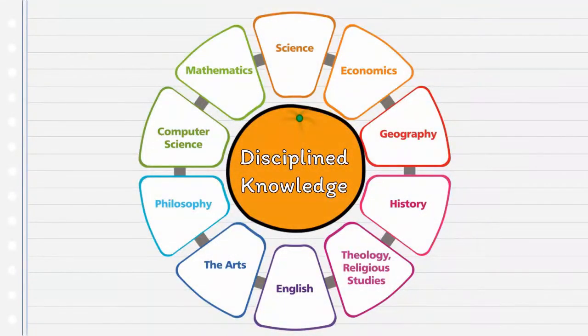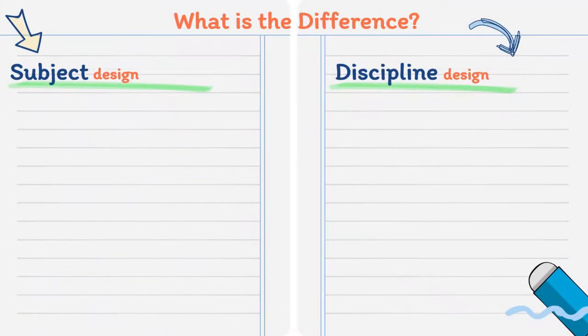So, this stress on disciplined knowledge emphasizes science, mathematics, English, history, and certain other disciplines. Advocates view the school as a microcosm of the world of intellect reflected by such disciplines. So what is the difference between the subject design and the discipline design?